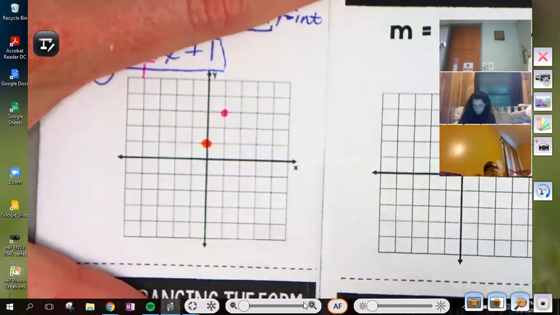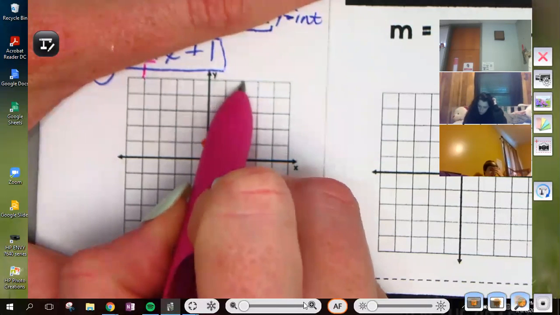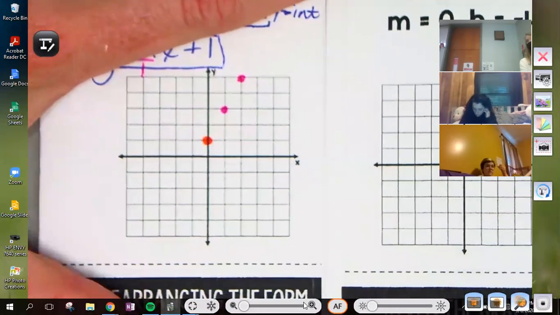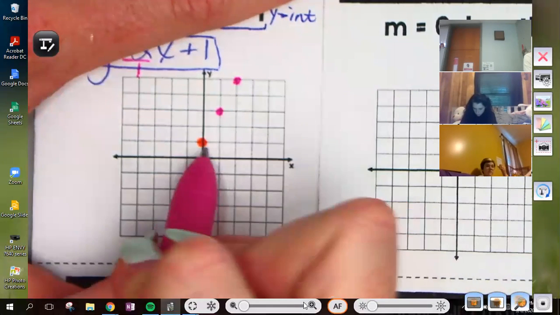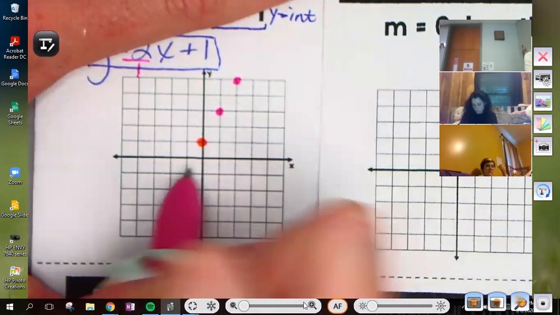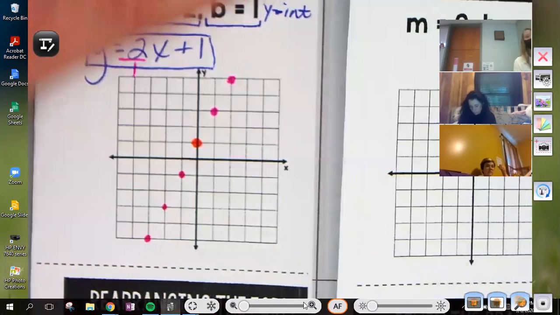Then we're going to go to the point we just drew, and we're going to rise 2 and run 1. And we've run out of graph. So if that happens, which it will a lot, you can go back to your starting point and go the opposite way. We can go down 2 to the left 1 and keep going until we run out of graph.